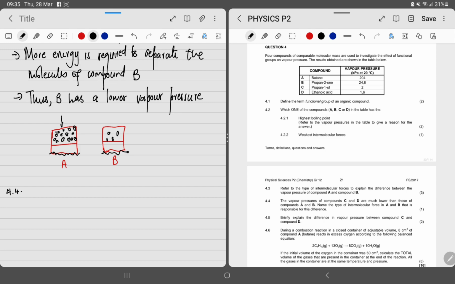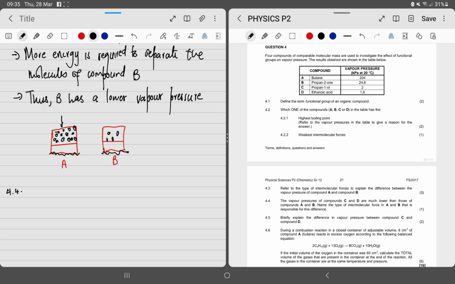4.4. The vapor pressures of compounds C and D are much lower than those of compounds A and B. Name the type of intermolecular force in C and D that is responsible for this difference. Well, C is an alcohol and D is a carboxylic acid.